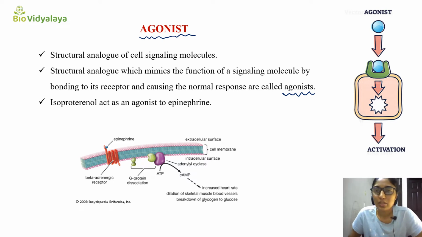Here you can see that this blue one is an agonist. It is binding to the receptor, this green one, and that will cause conformational changes in the receptor. That means the activation of the receptor, and then it will lead to the intracellular signaling pathway and finally gene expression and cellular response.